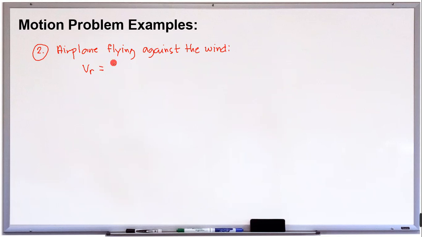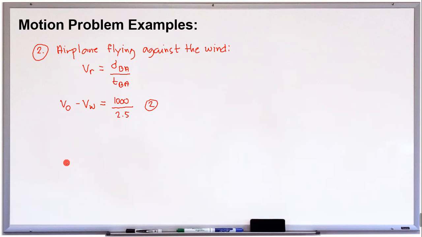So VR is equal to the distance, but this time from B to A, over the time from B to A. That is VO for the airplane's velocity minus VW for the wind velocity. Then the distance from B to A is equal to the distance from A to B, that is 1000. Then the time is 2.5, so it took the plane much longer because it flies against the wind. So this is our second equation.